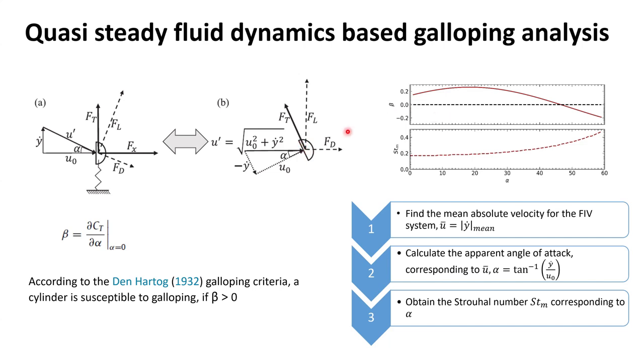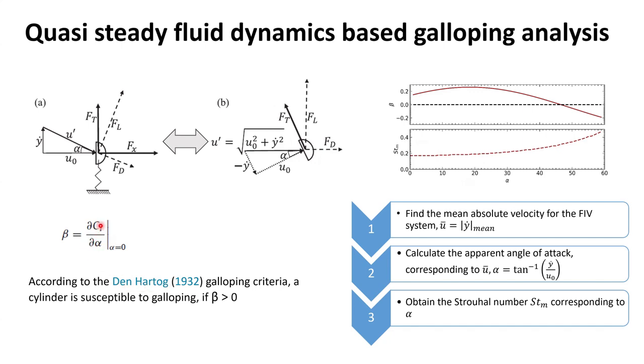So we did simulations of stationary cylinders, several stationary cylinders at different alphas or different configurations, and we plot it here. And this was already done a long time ago, in 1932, in the Den Hartog criterion.